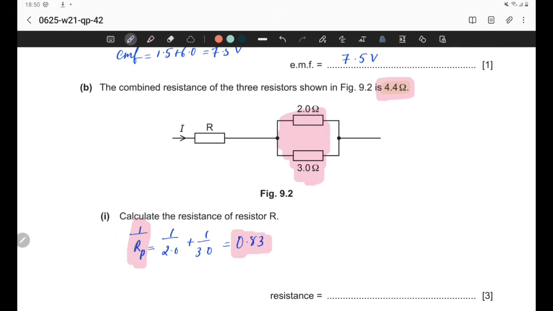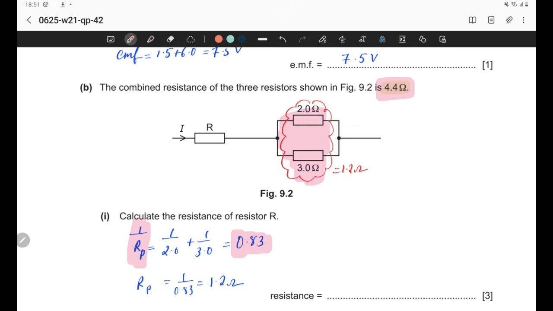So we can calculate Rp, that is the reciprocal of 0.83, and that is 1.2 ohm. That means the combined resistance of these two parallel resistors is equal to 1.2 ohm.